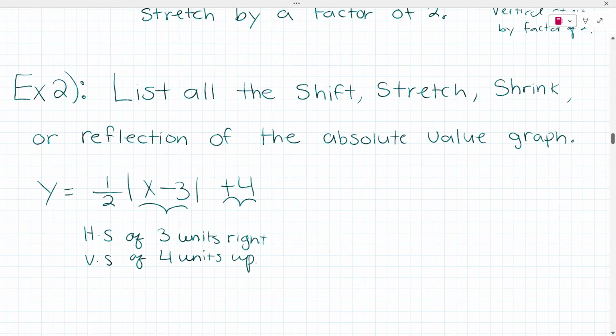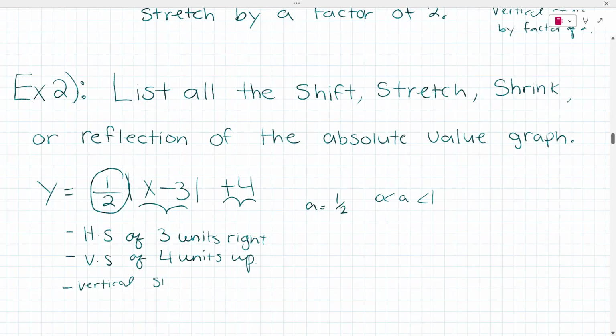Then what about this 1/2? It's positive 1/2, so there's no negative, so there's no reflection. But it's your a value, and the a value is 1/2, which is less than 1 but greater than 0. So that means it's a vertical shrink, and I believe that's going to make it wider.